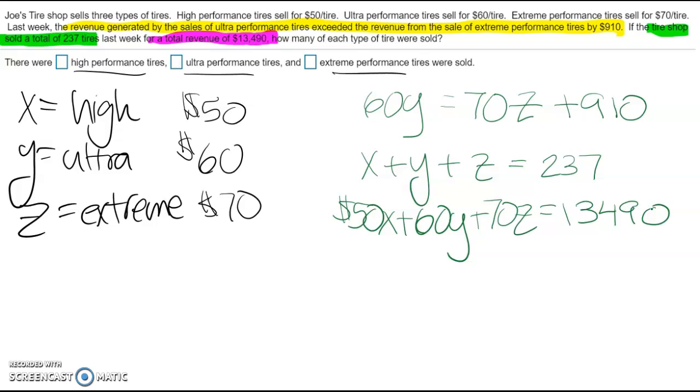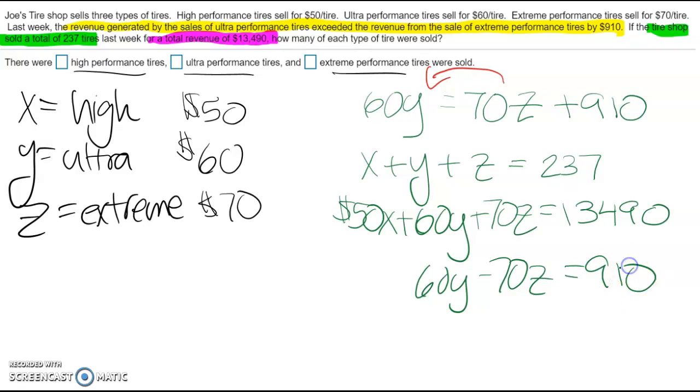Okay. Now, in order to make this into a proper system of equations, I need all the variables on one side. So this top equation, I need to move that 70Z over. So I'm going to have 60Y minus 70Z equaling 910.